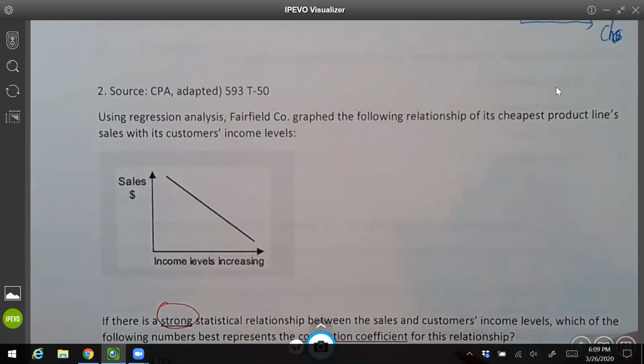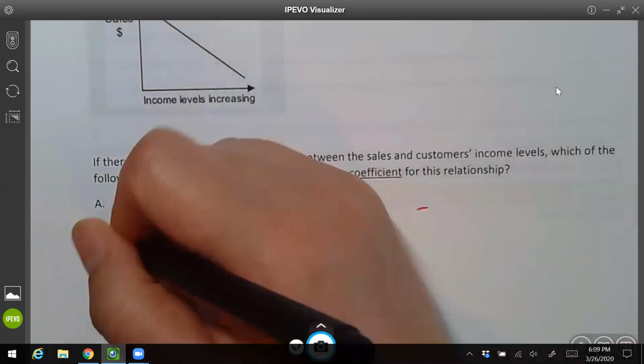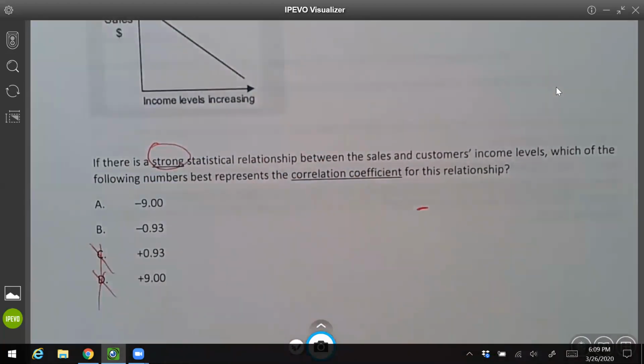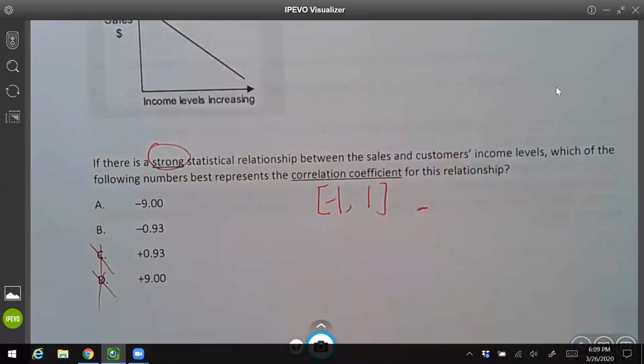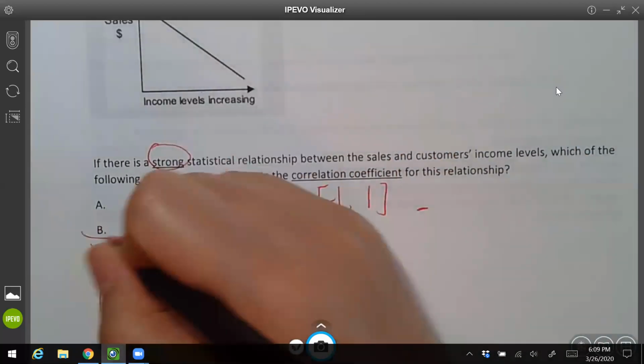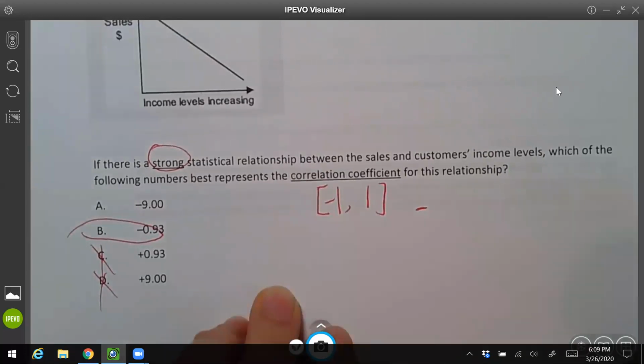Definitely it's negative, so you can never choose C or D. But how about choice A or B? Correlation coefficient can only be from -1 to +1, so your answer has to be choice B. It can never be larger than +1 or smaller than -1.